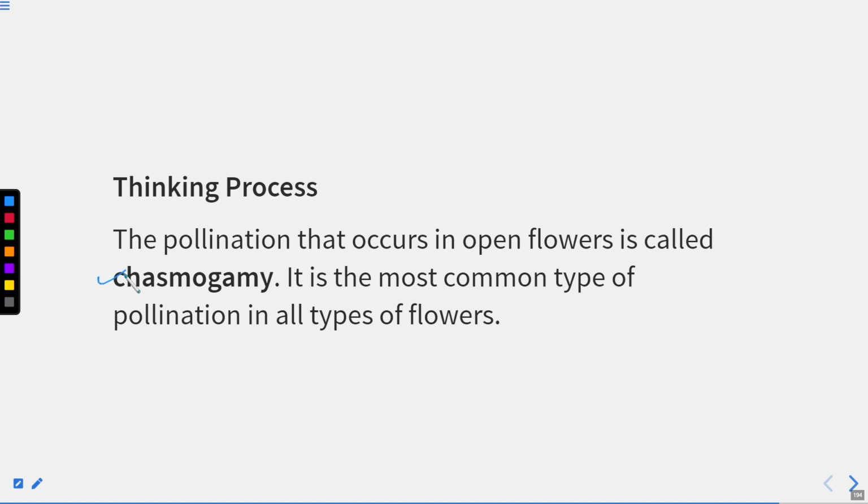What is chasmogamy? The pollination that occurs in open flowers, that means chasmogamous flowers, is known as chasmogamy. It is the most common type of pollination in all types of flower.